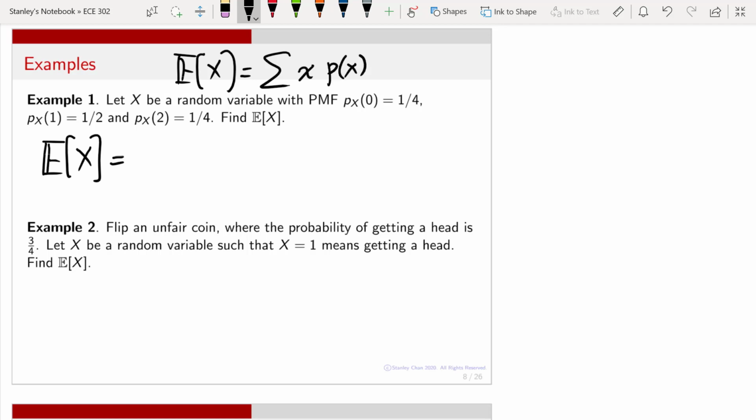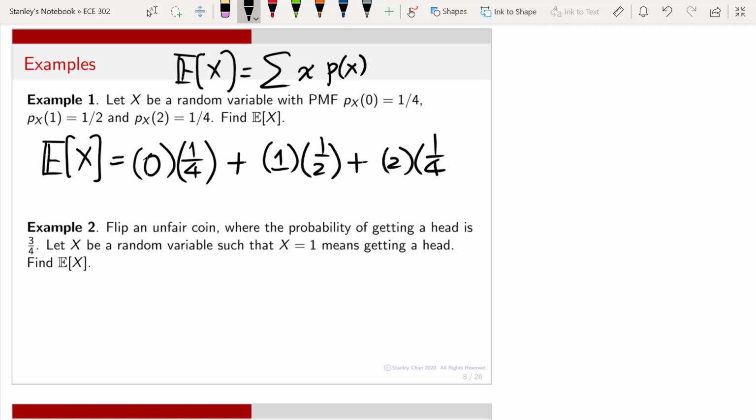So here, you have state 0 with probability 1/4, plus state 1 with probability 1/2, plus state 2 with probability 1/4. So here it will give you 0, this will give you 1/2, this will give you 1/2, and so you will have 1. Therefore the expectation of this random variable is 1.